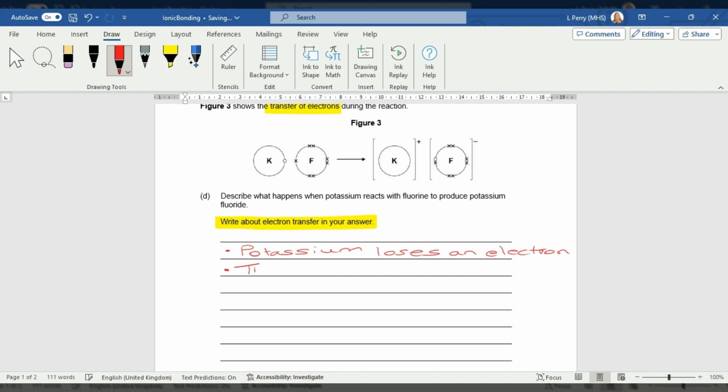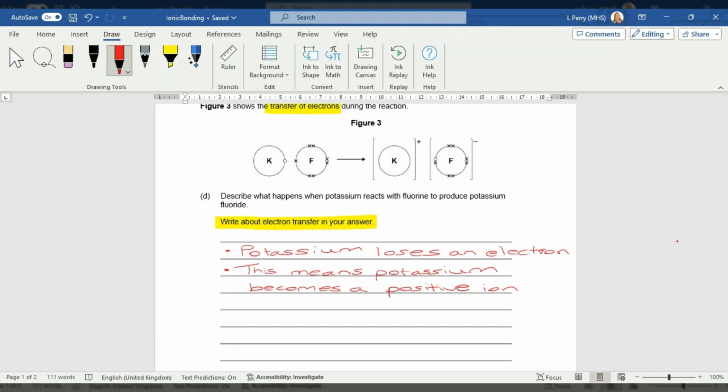This means potassium becomes a positive ion. And to be honest, if I've forgotten the word ion, it doesn't matter too much. If I just put potassium becomes positive, I'm going to pick up marks on this question.